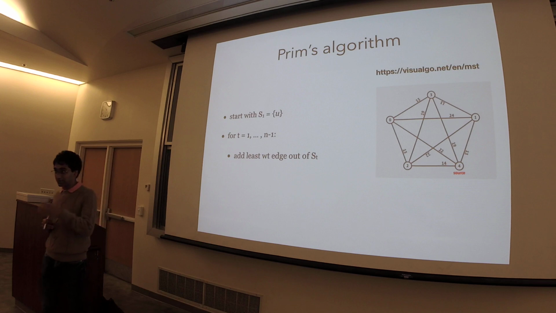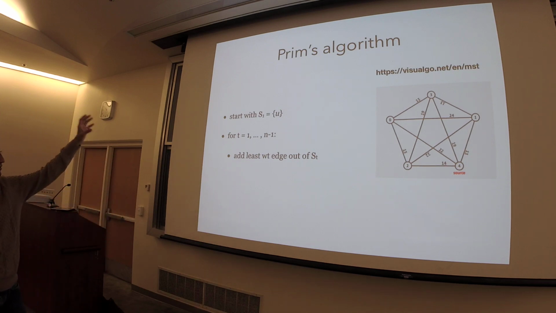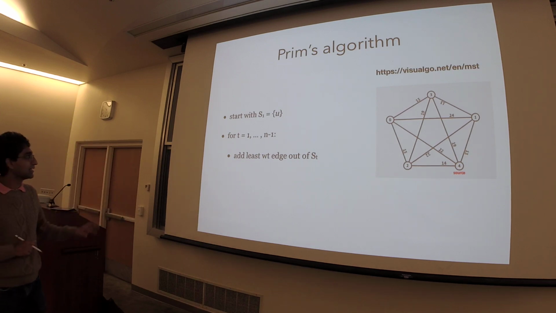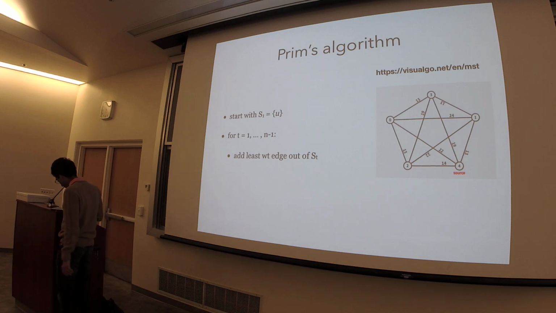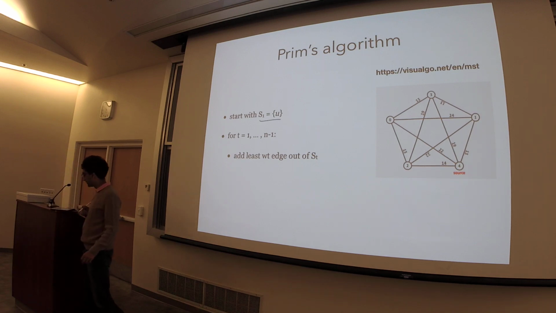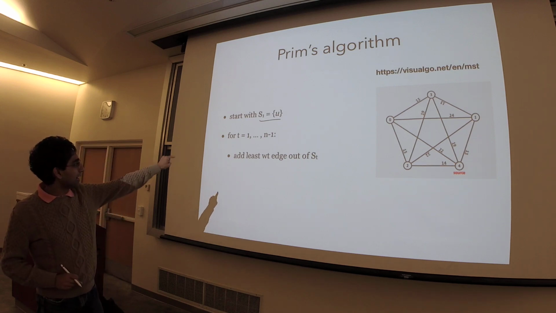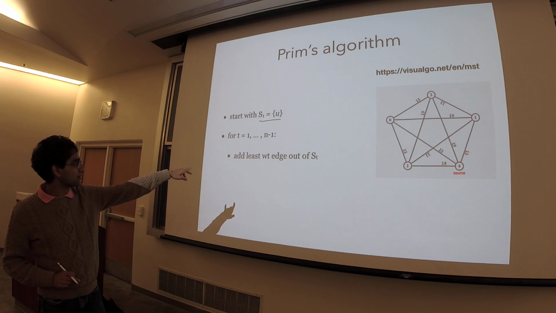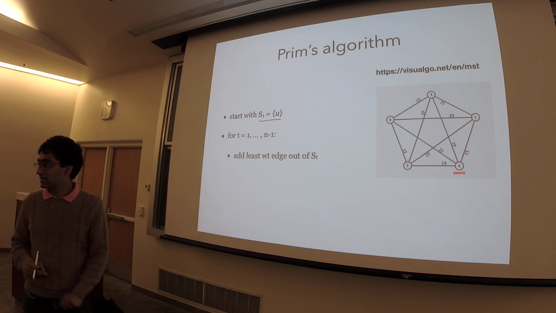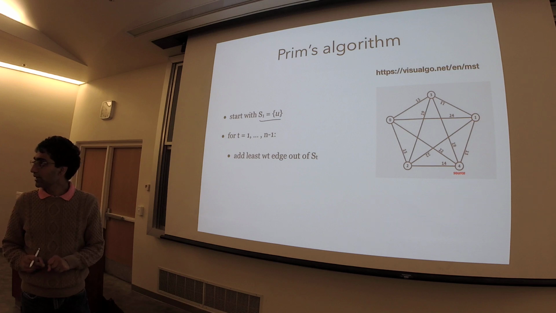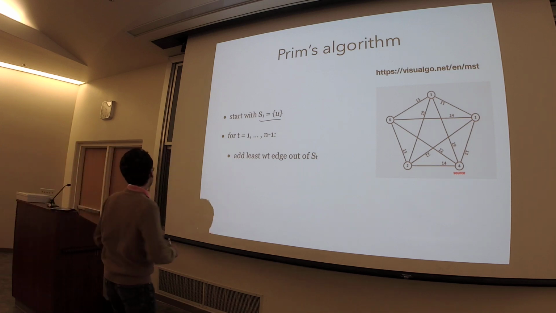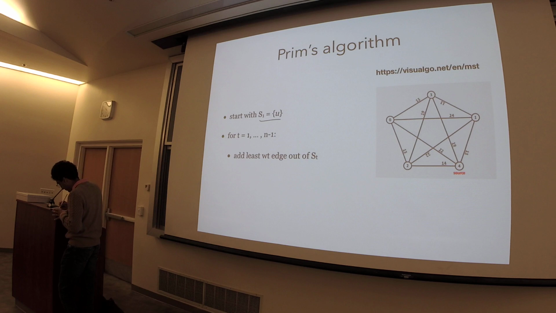But anyway, the algorithm is the following. You start with some vertex, any vertex of your choice, and let's call that a singleton set S1. At every step, you add the smallest weight edge out of S_t that you have. Initially t equals 1, so you look at all the edges out of this vertex u, and let's say this one is the one with the least weight.